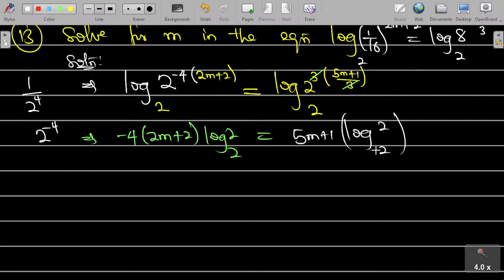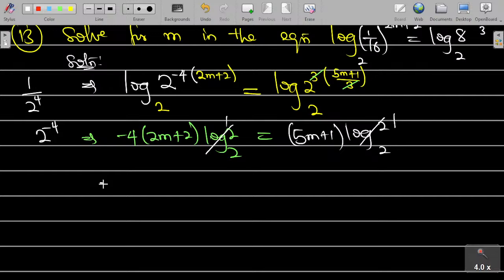That bracket should be here, showing that the whole of this is multiplying this. Meanwhile, this log 2 base 2 will turn to 1 and this one will turn to 1.